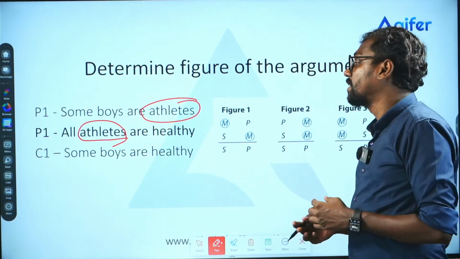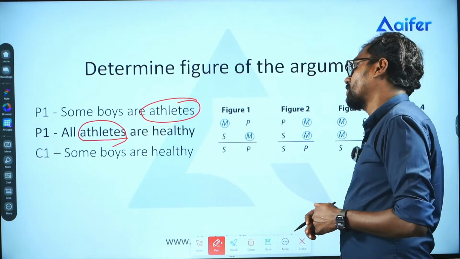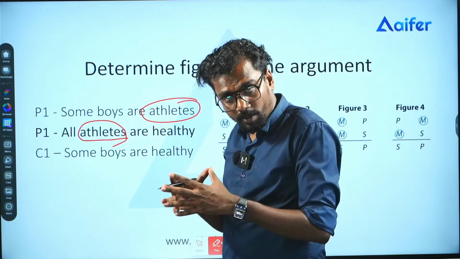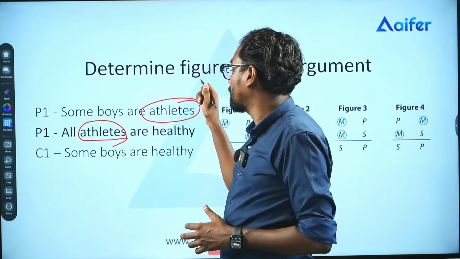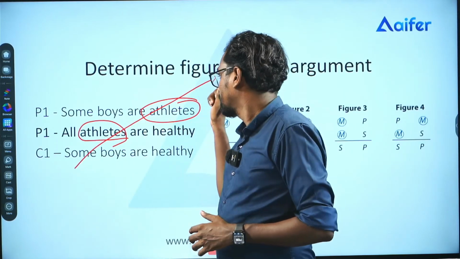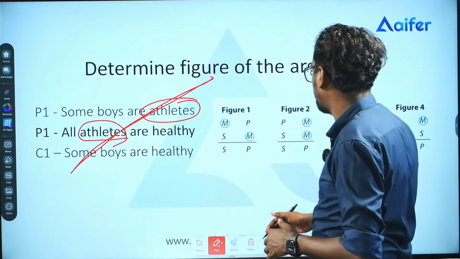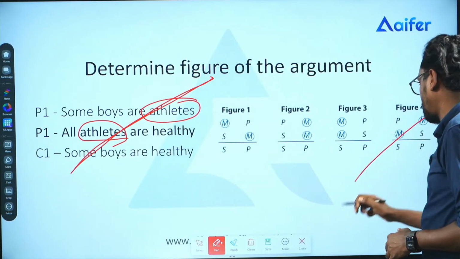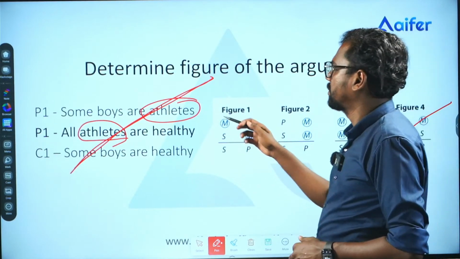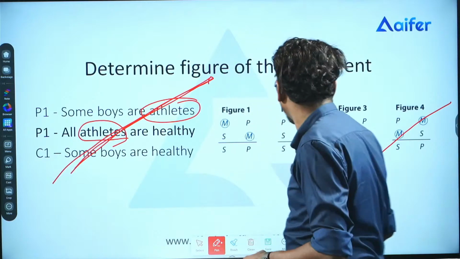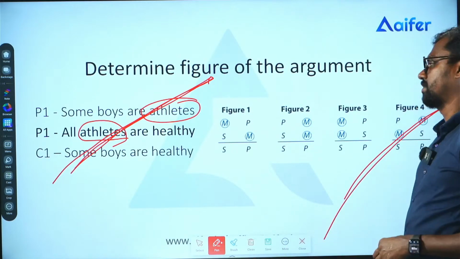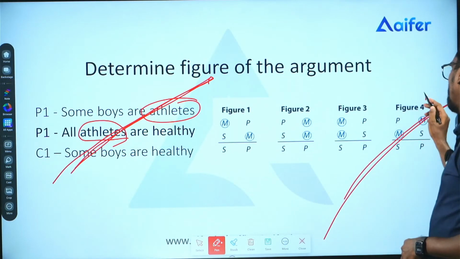The athletes is distributed in both premises in such a way that the common term, or the middle term, is the predicate of the first and the subject of the second. Where can you see this pattern? This is it. So here we have figure 4.